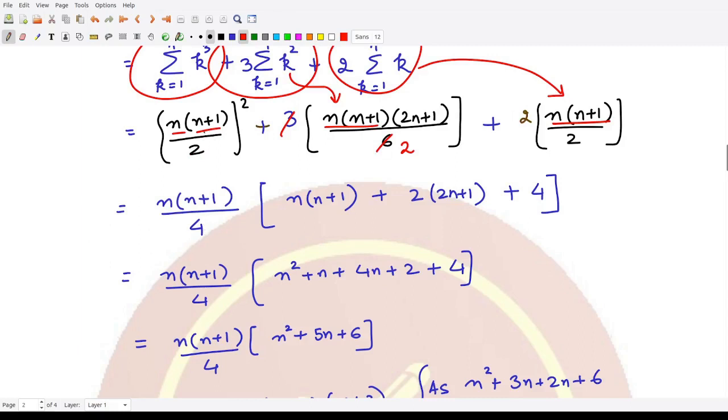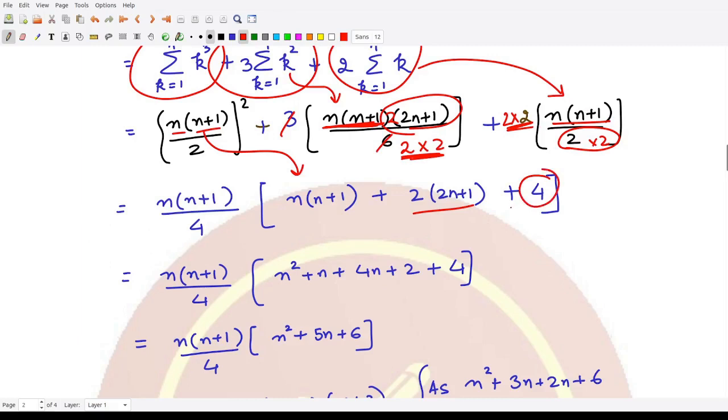In this term we have taken this outside, and you have to multiply by 2 above and below so that it becomes 4. So you are left with just 2 into 2n plus 1. Here also, in order to make it 4, you have to multiply by 2 in both the numerator and the denominator. This is taken outside, so you're left with just 4.